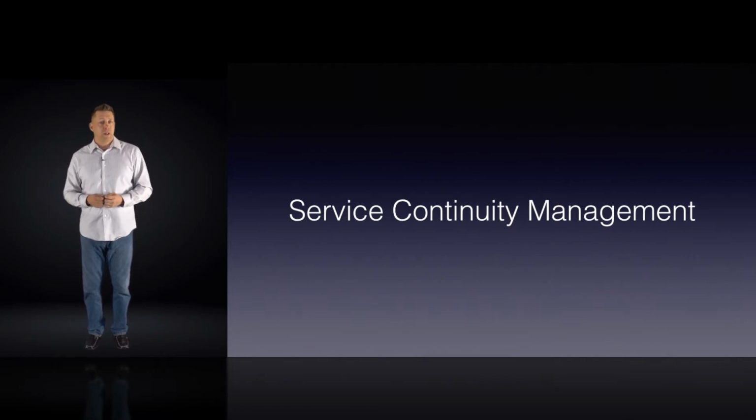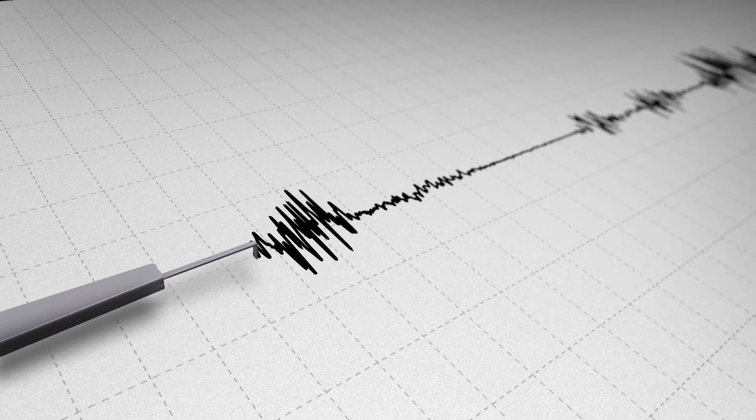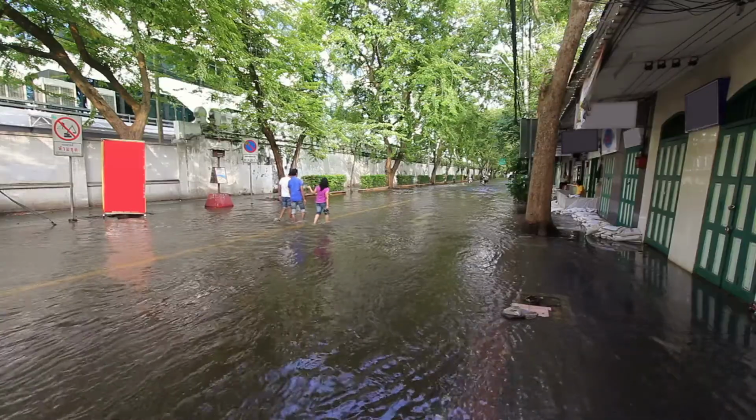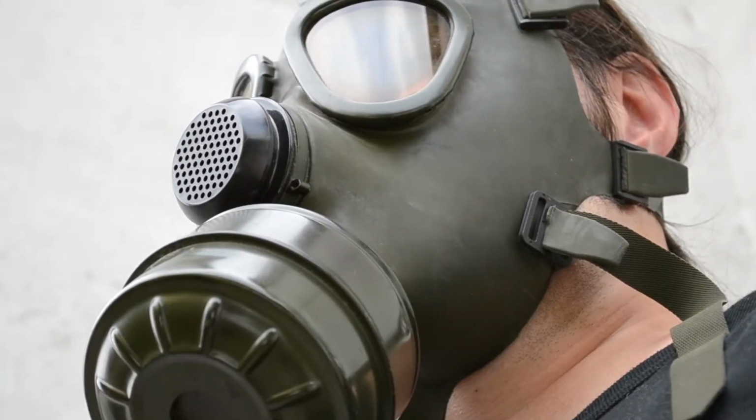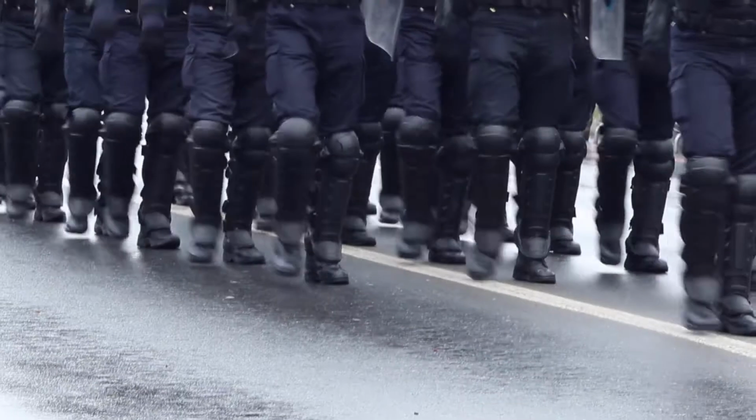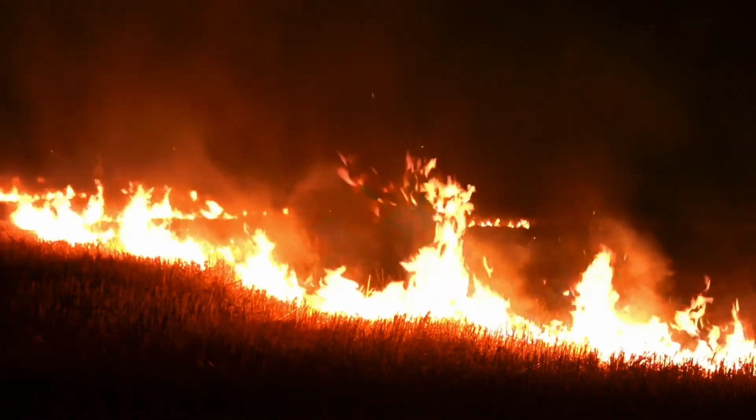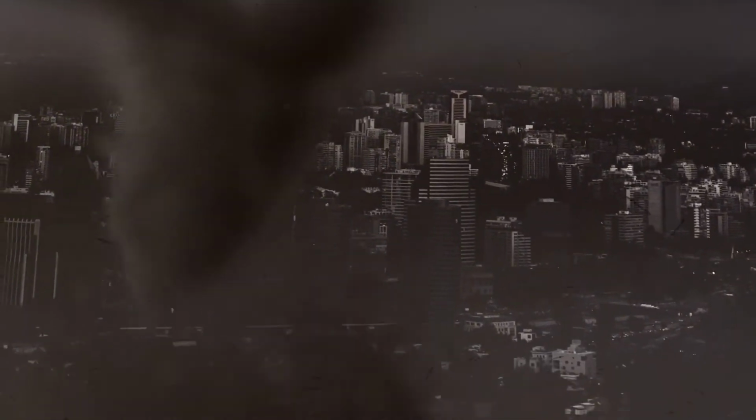This practice looks at big ticket items or risks that will certainly impact the business if they occur. Things like earthquakes, floods, civil unrest, governmental overthrow, fire, tornadoes. You get the idea. If any of these risks happen and the business is impacted, IT is going to have to respond.